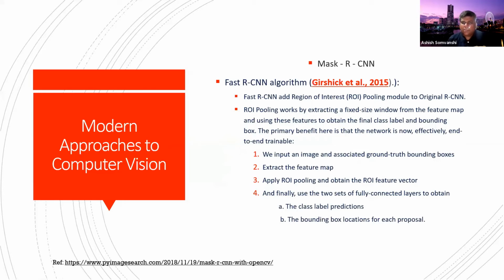Since we had already pooled the ROI and mapped the ROI itself, the bounding box locations of each proposal were also located, and hence it was classified, or it can be used as an object detector as well.